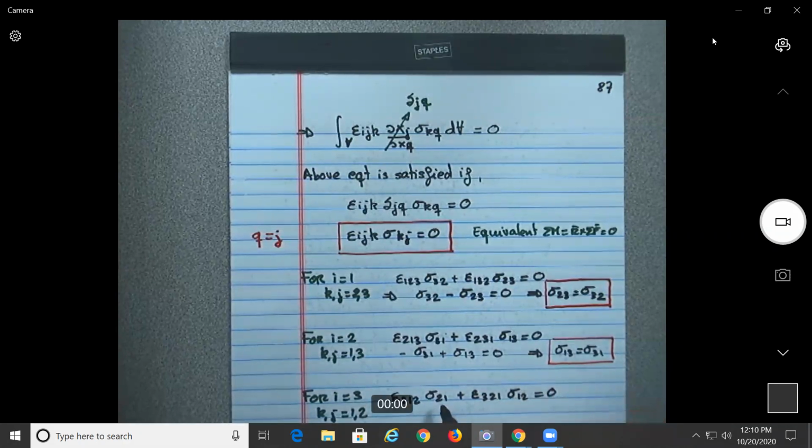So this gives you minus sigma 2, 1 plus sigma 1, 2 equal to 0, which means sigma 1, 2 equal to sigma 2, 1.